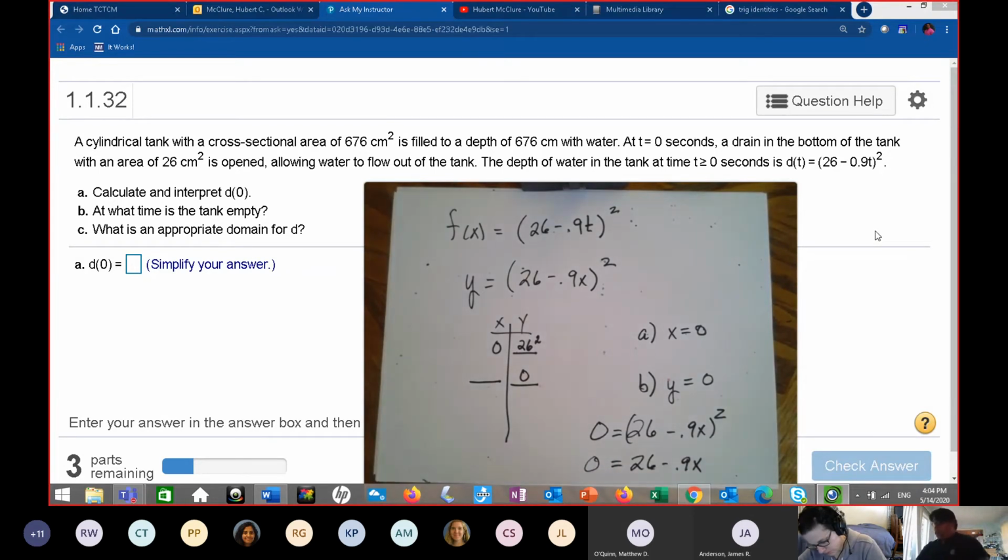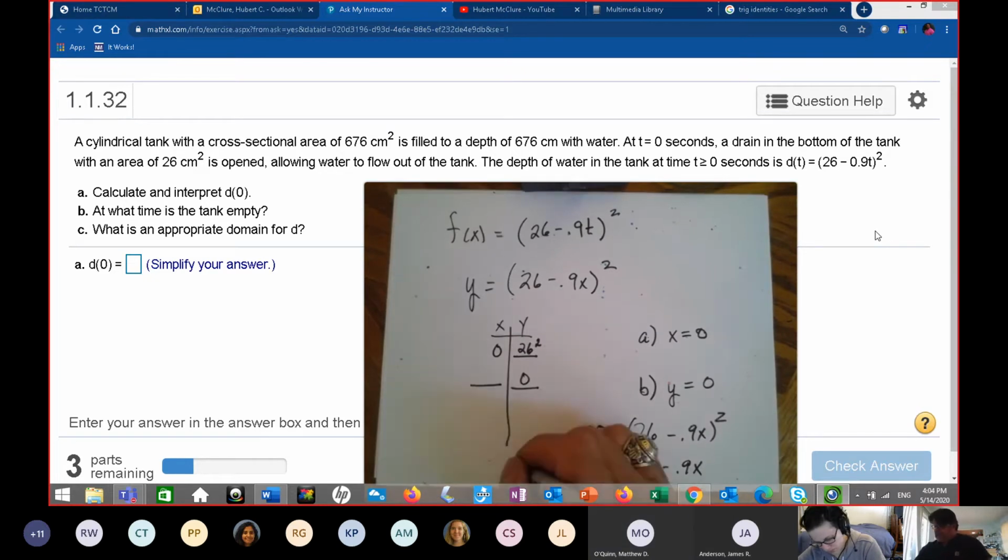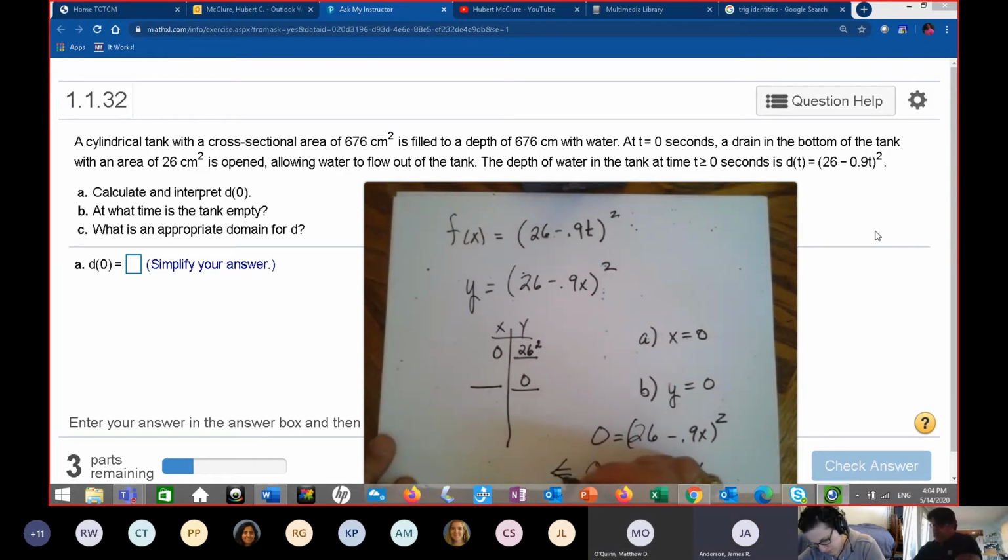And then, you know what to do. So negative 0.9x is equal to negative 26.